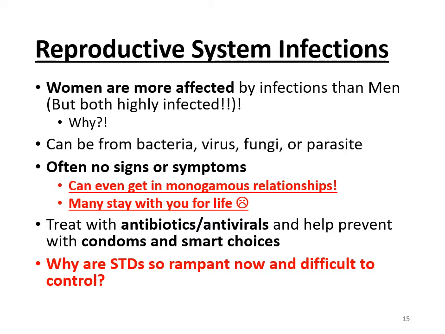Plus, it's also difficult to change human sexual behaviors. So unfortunately, you can tell people that these infections exist, but you can't really control what they're doing in terms of safety. Furthermore, there's a big absence of vaccines for most STDs, or sexually transmitted infections, with the exception of HPV, which has a vaccine now.